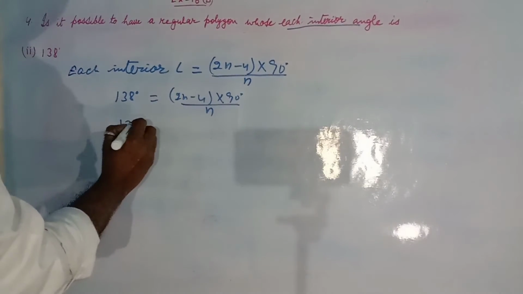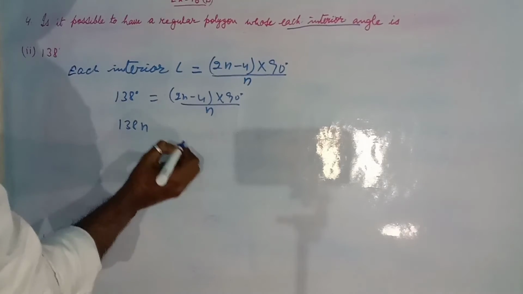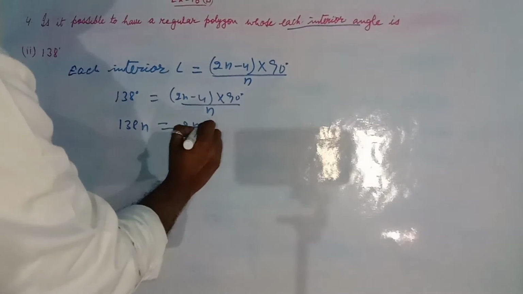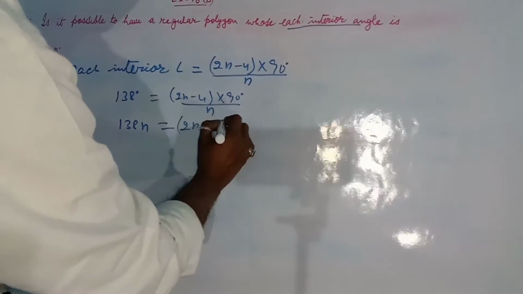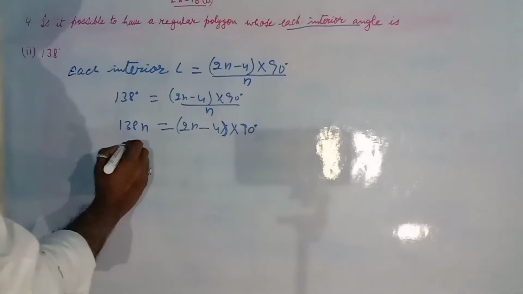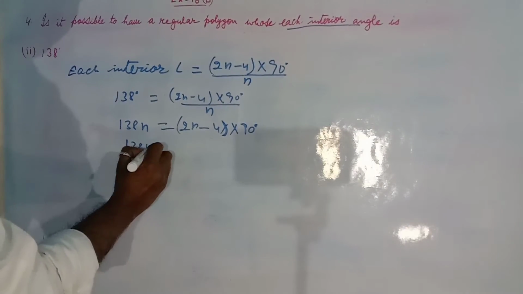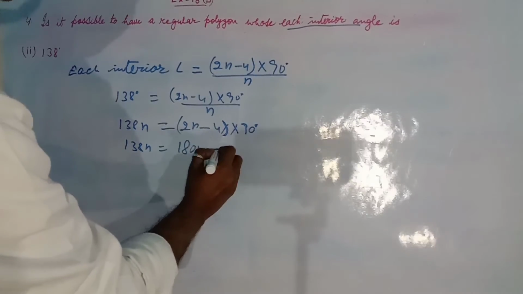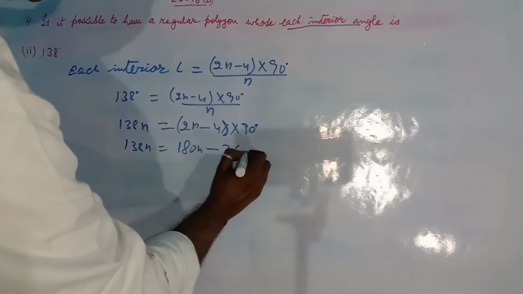Then 138n, n will be transposed here, then left will be (2n minus 4) into 90 degrees. Then 138n equals 2 nines are 180n, then minus 4 nines are 360 degrees.